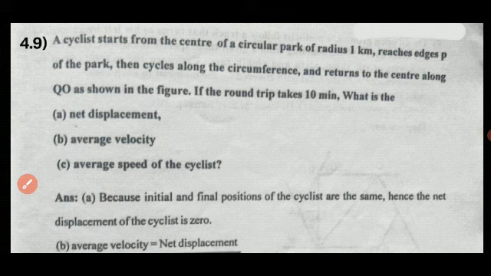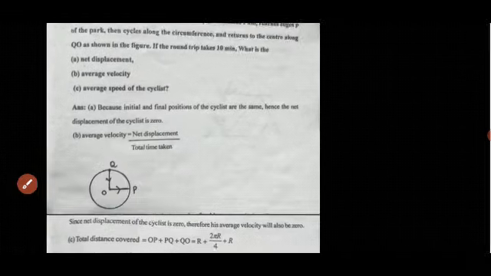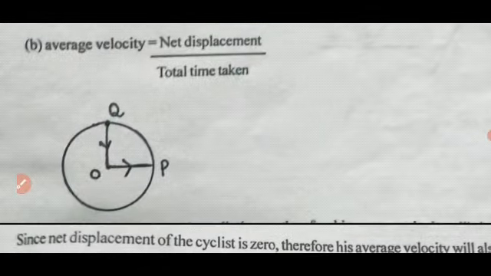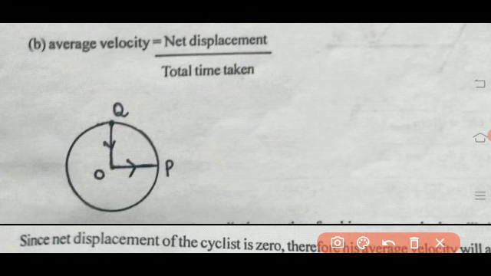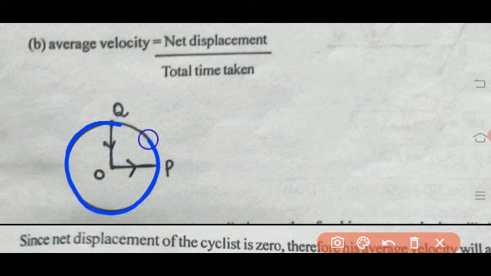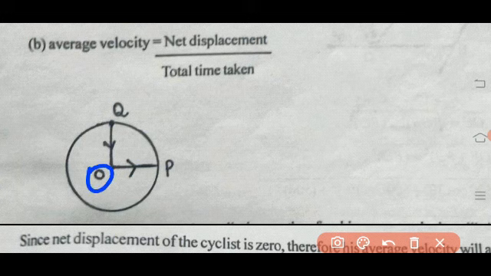So to understand the question clearly, just see the picture. So here, this is a circular park, okay, with the radius OP. So the cyclist starts his journey from O, okay, and reaches P radially outward.